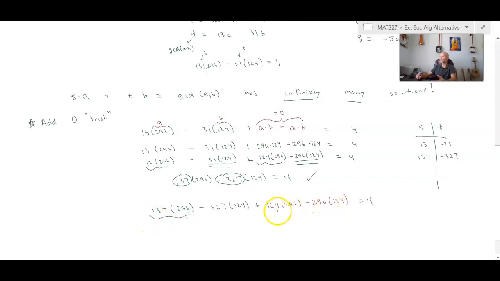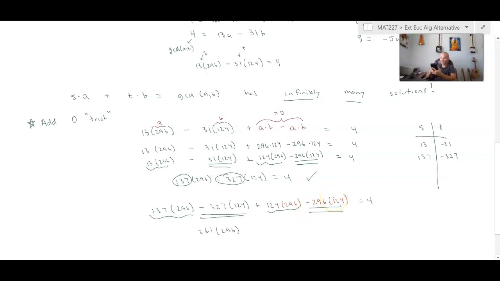I have 137 296s. I have 124 more. 137 plus 124 gives me 261 296s. And then here I have negative 327 124s. Here I have negative 296 124s.